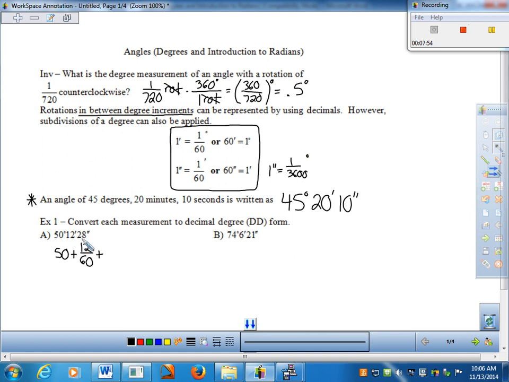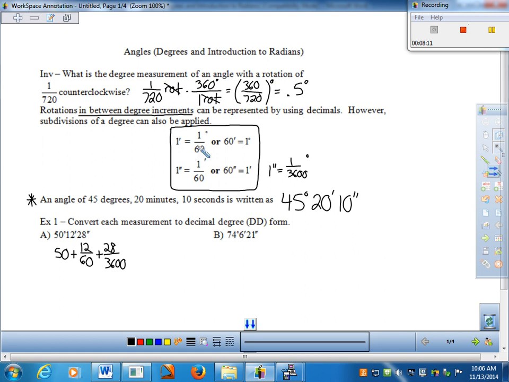Well, I happen to have 28 seconds, so what that means is each of those seconds is 1/3,600th of a degree, so I have 28 3,600ths of a degree. Again, just real quick, a second is a 60th of a 60th of a degree. Cool.